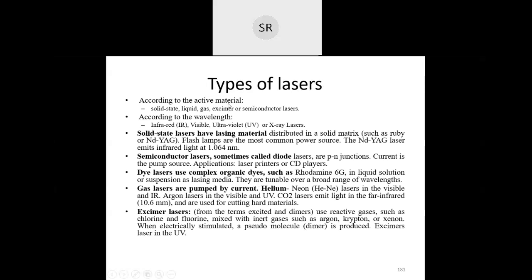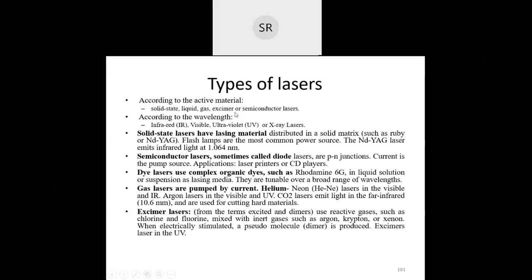Now there are various types of laser, depending upon what material we have, according to the active material. There are types of laser based on solid state, liquid, gas, or the materials we are using.